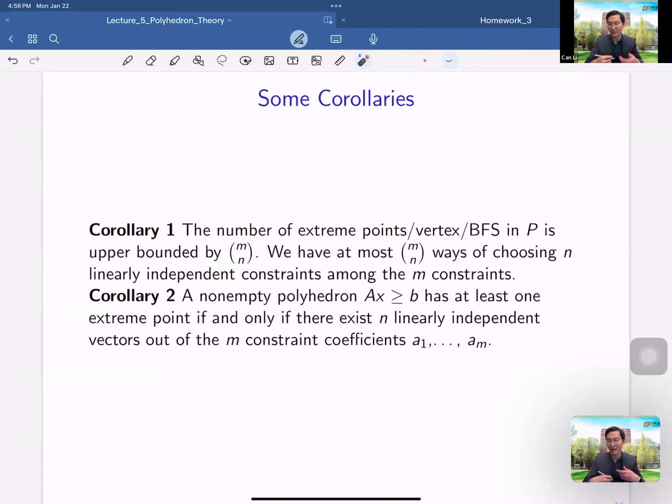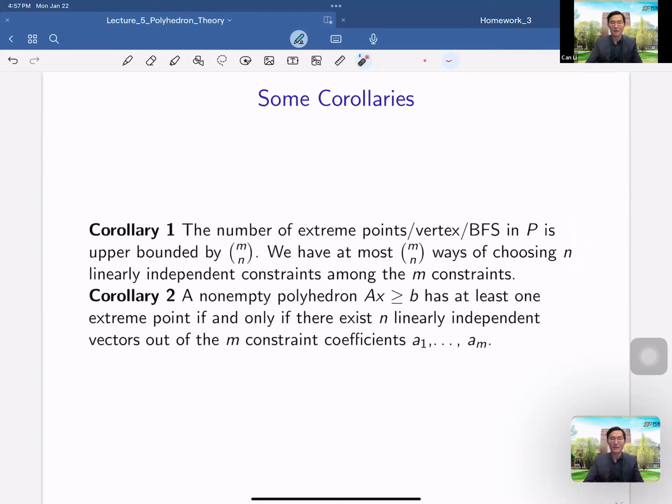Because there are m choose n different ways of picking n active constraints out of the m constraints. That's the first corollary we can immediately derive.